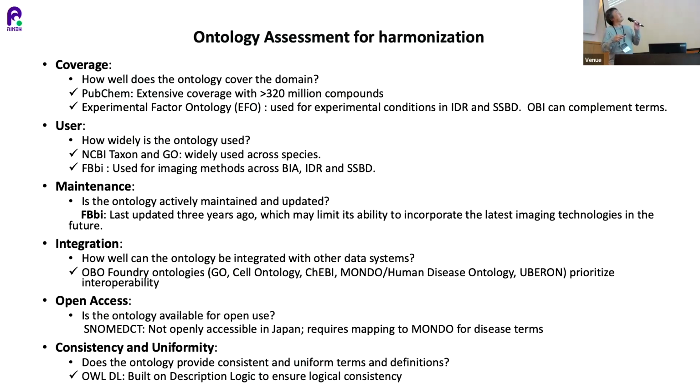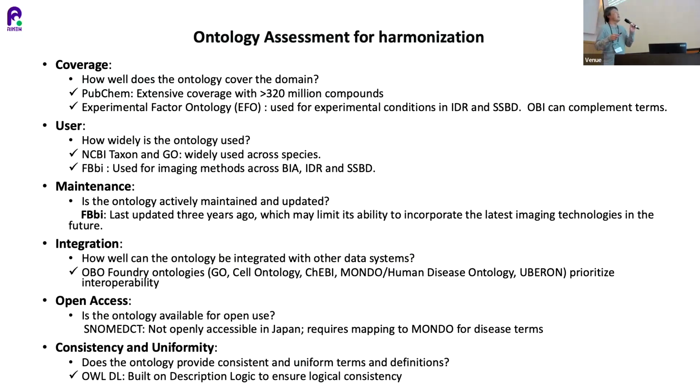For example, PubChem has extensive coverage. The Experimental Factor Ontology is used in SSPD and IDR, but in some ways it is not covered, so OBI can complement it. That is why SSPD used EFO in addition to OBI.